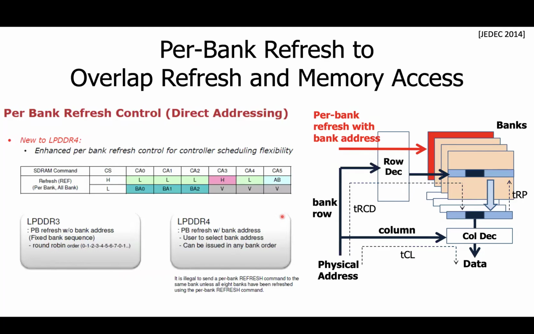In the case of DRAM, we need a refresh operation, and we need to avoid the performance overhead due to refresh. In current DRAM, especially low power DRAM, we are applying an idea called per bank refresh. Previously, the memory controller issued a refresh command to the DRAM.